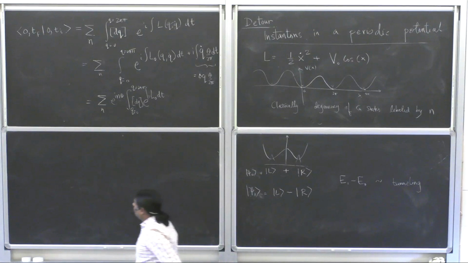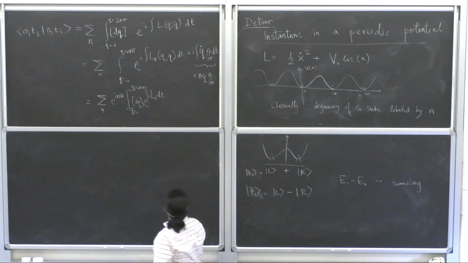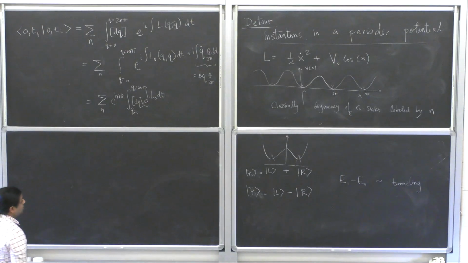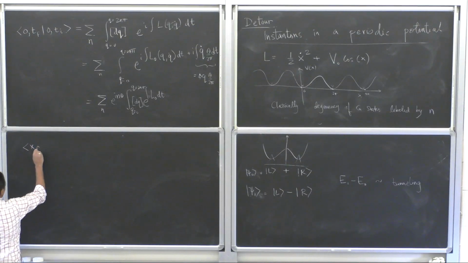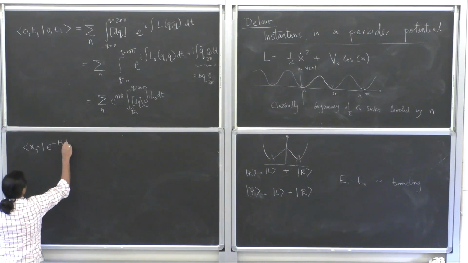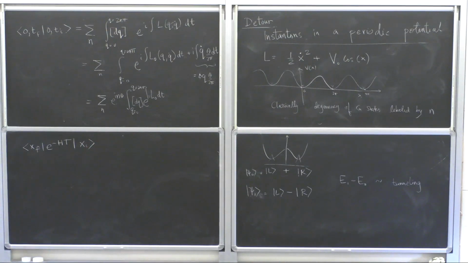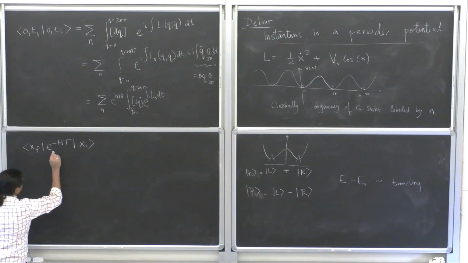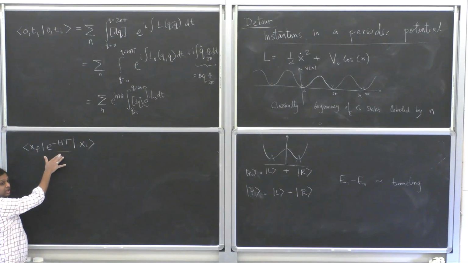Okay, so the way we want to find the lower lying energy spectrum of that system is to use the following fact. If you evaluate this matrix element for going from some initial position to some final position, the matrix element of this operator at large times projects out the ground state of the system.